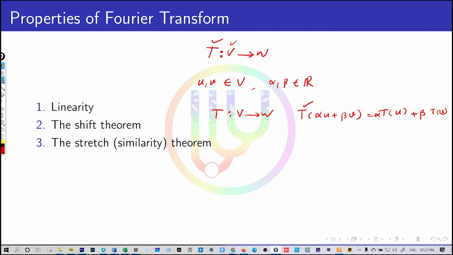Let me denote the Fourier transform by this curly F. Okay, this curly F is the notation for Fourier transform.